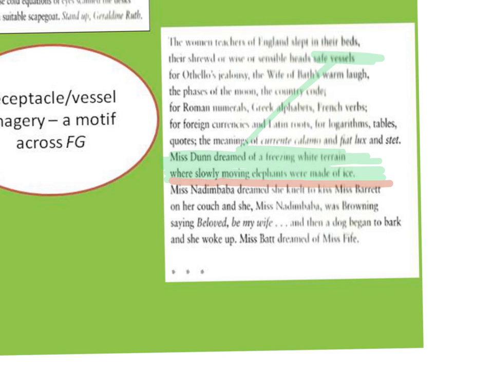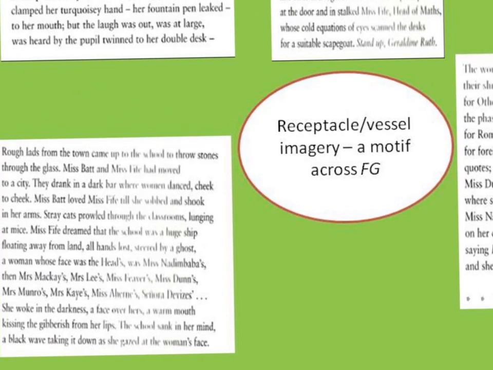Then in this private space, this private sphere, Miss Nadine Bamber dreams she knelt to kiss Miss Barrett on her couch. So we're seeing this idea of an interior space and a private self which starts to emerge and finally be acknowledged in the poem.